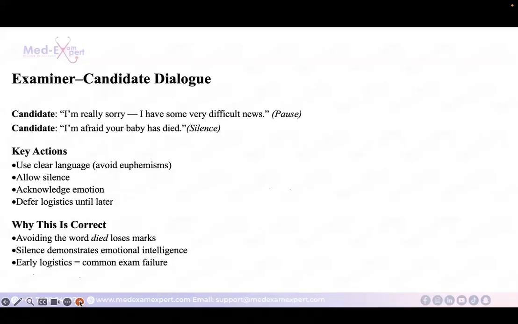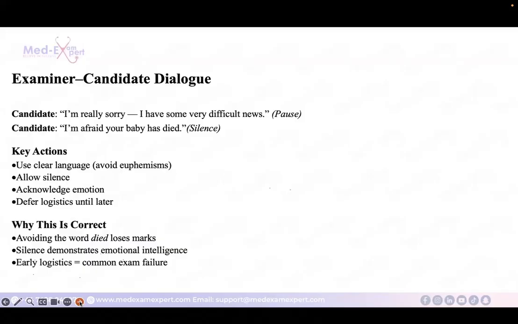I tell you, about 30 years back, when I was doing my MRCOG exam, I remember I had a similar station, a stillbirth. The patient came crying with reduced baby movements, and the question said the heartbeat is not there.